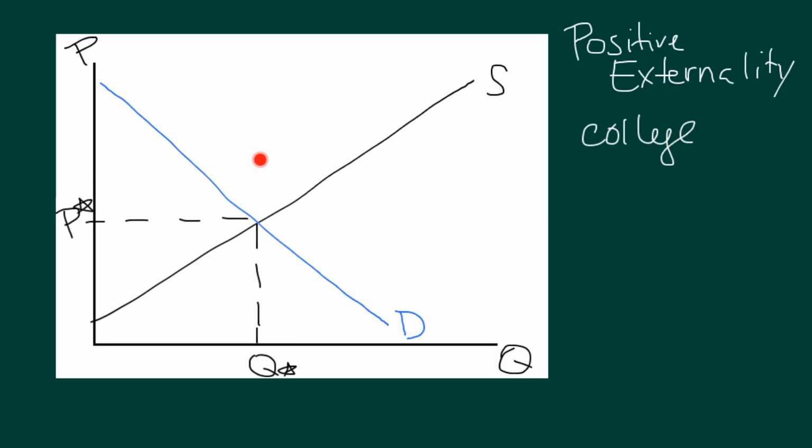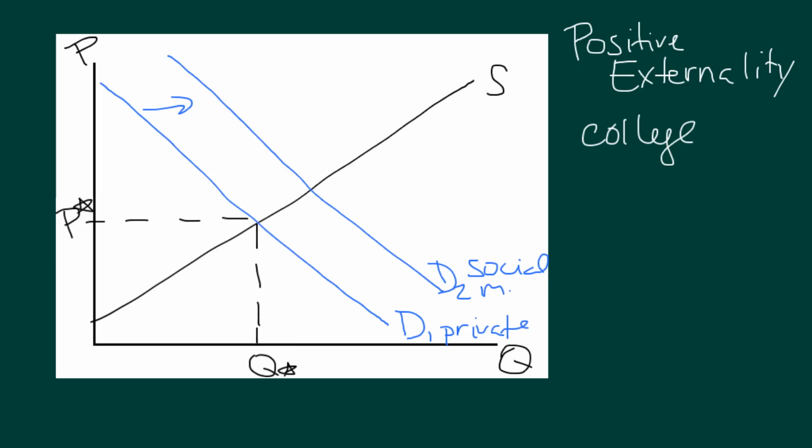So at every price, the true social marginal benefit is going to be represented by a demand curve that shifts to the right. So this first one I'll call D1, and it is your private marginal benefit. And this new one is D2, and it takes into account your social marginal benefit. Okay?